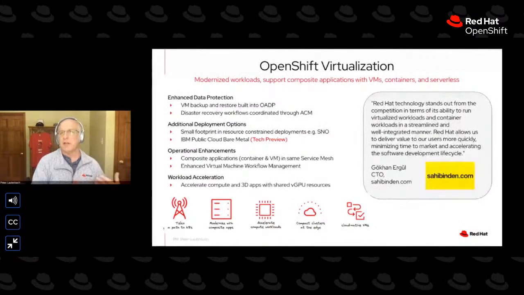We're also expanding, as you heard earlier about IBM Cloud, the ability to run virtual machines in the OpenShift cluster that you provision in IBM Cloud. We're also improving the VM workflows for users and admins that are used to vSphere or Rev or even OpenStack, to make them more comfortable and give them better visibility into the virtual workloads in their environment.